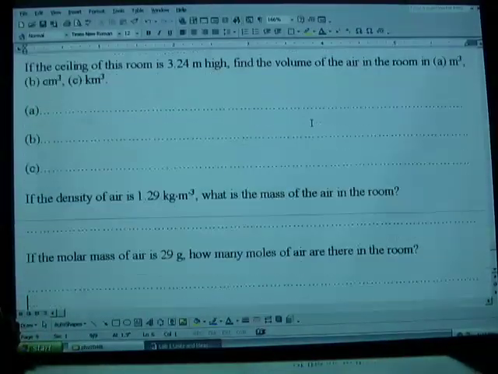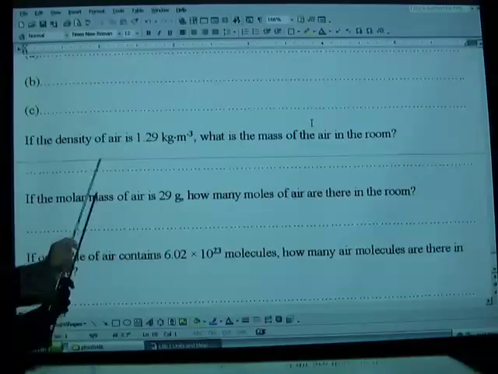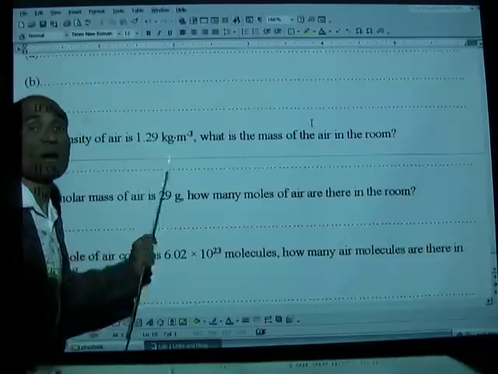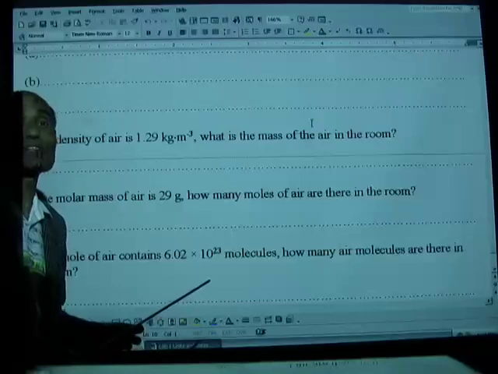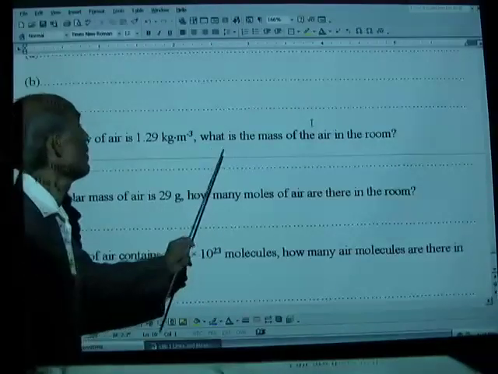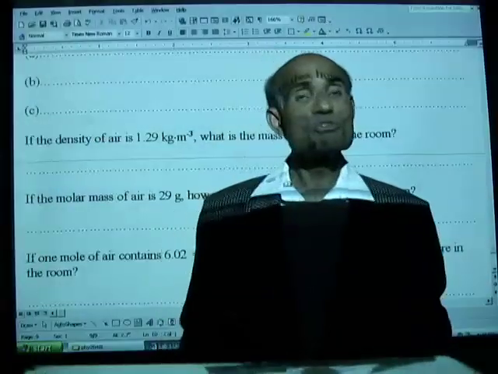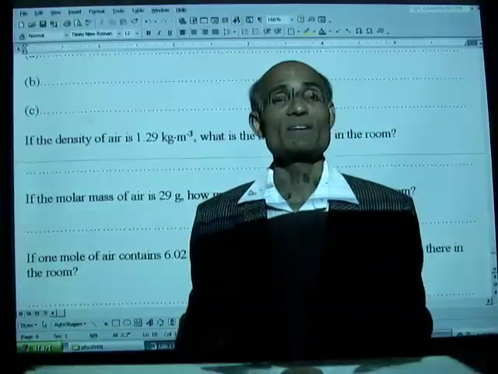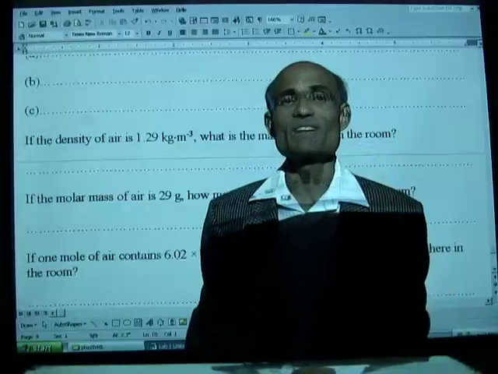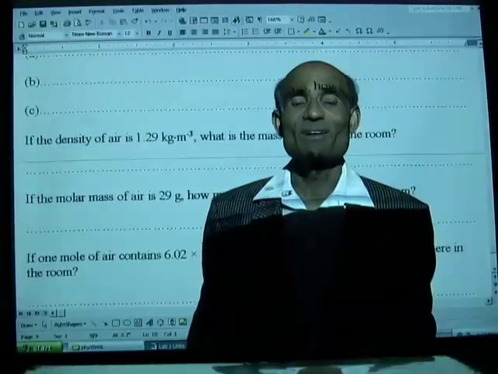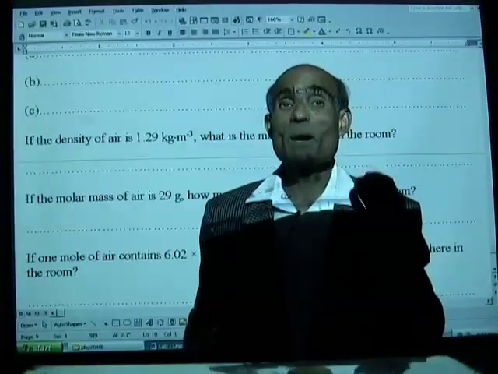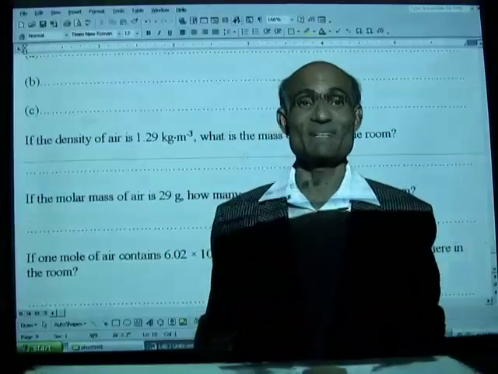All right. Now, if the density of air is 1.29 kilogram per meter cube, what is the mass of the air in the room? If you know the volume of air and if you know the density, how do you obtain the mass? Mass is volume multiplied by density.